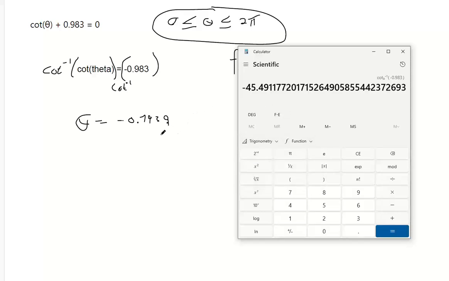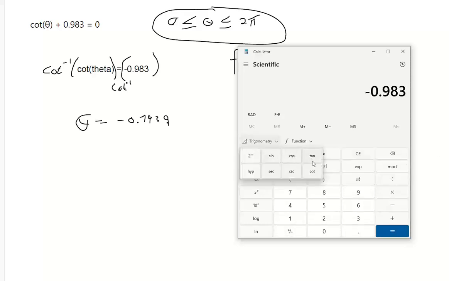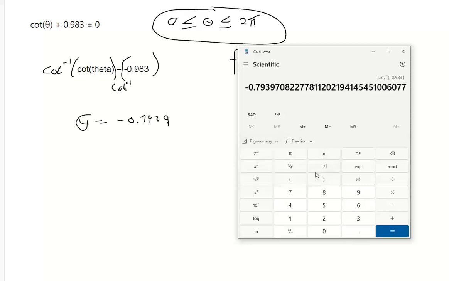What did I type here? Oh, that's because I switched to degrees. Okay, so 0.983 negative, I'm just double checking. Inverse cotangent. Yeah, okay, that's negative, right?